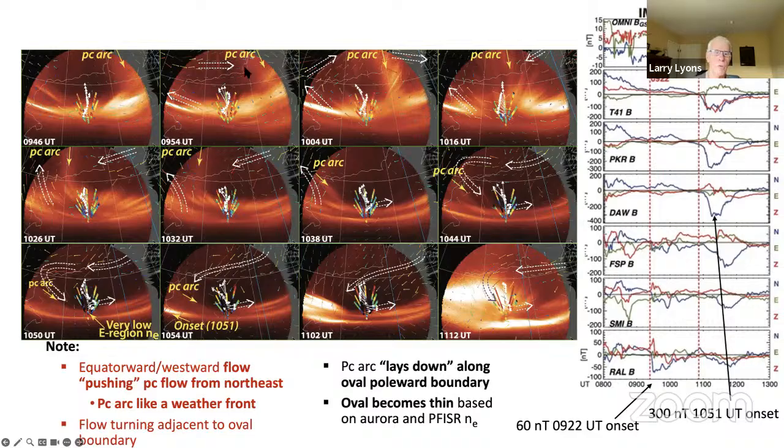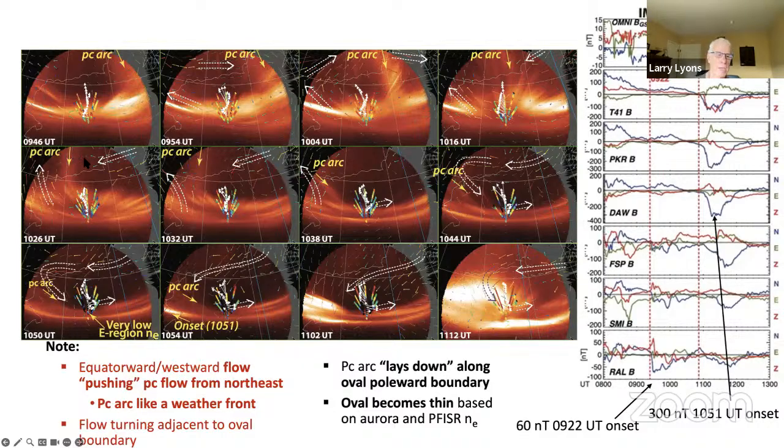But what's interesting about this event is that we had good two-dimensional measurements from the SuperDARN radar. So before this arc comes in the polar cap, you've got flow going from west to east. That's the way it happened to be. But then as this arc comes into view, you start to see flow from the northeast pushing in just behind this polar cap arc.